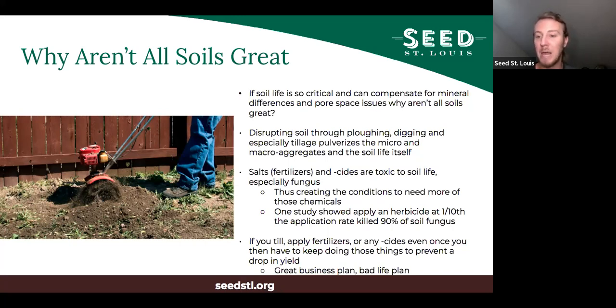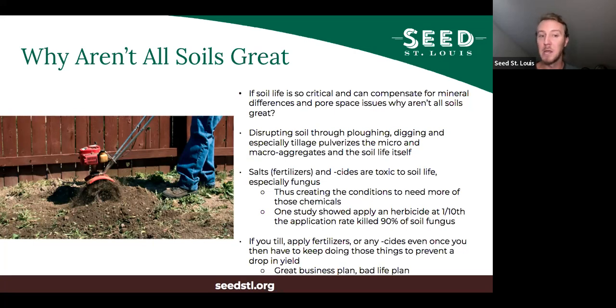One study showed applying an herbicide at 1/10 the recommended application rate killed 90% of soil fungus with one application. And again, how many places have never been sprayed with anything ever? It's not many. And so these are not intact systems, is basically the point I'm trying to make here.